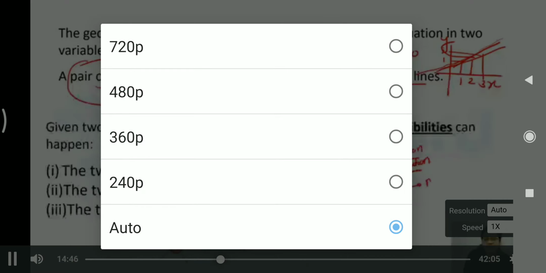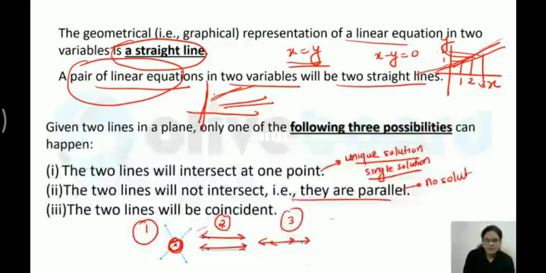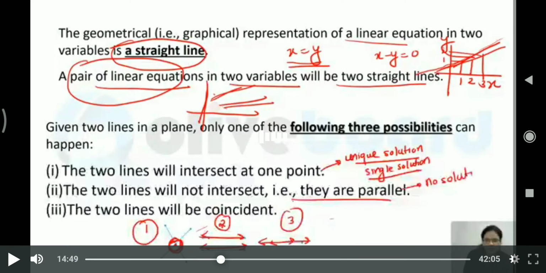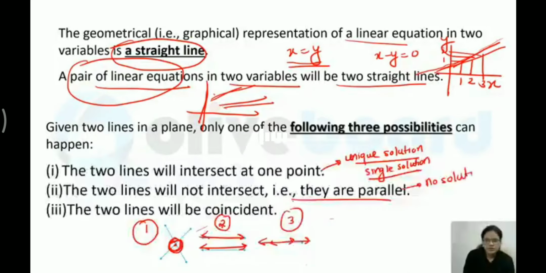Now when your lines are parallel, they will never meet each other. That means there will not be any solution. Solution means there has to be a certain common point between them.